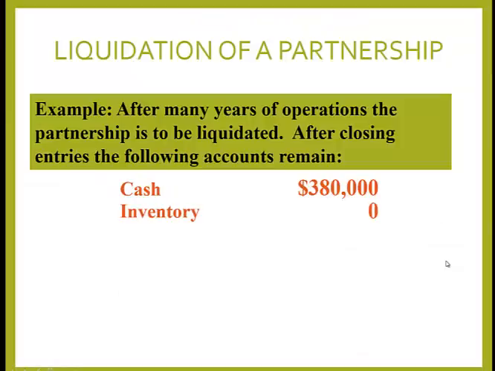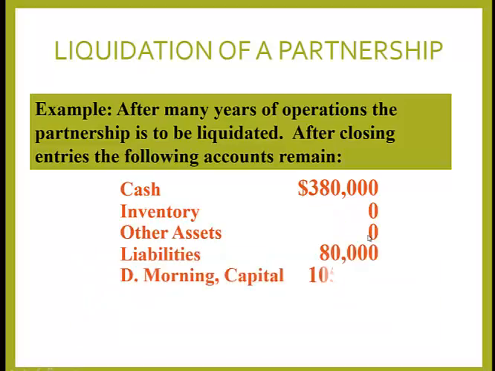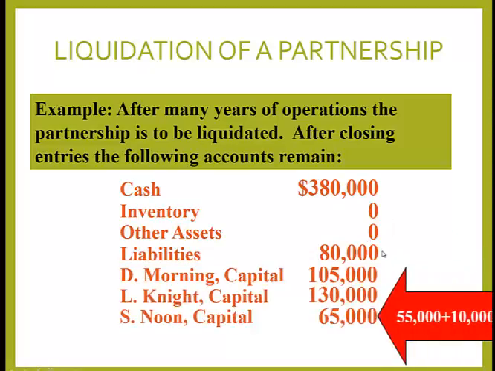Okay, now let's look at the new account balances after that journal entry. If you will recall, we had $10,000 in cash and we just sold our assets for $370,000. So our cash has gone up to $380,000. Inventory and other assets are gone, they're sold, so they have a zero balance now. We took those off the books with those credits. Okay, so all we have left are the liabilities and the new partnership balances.